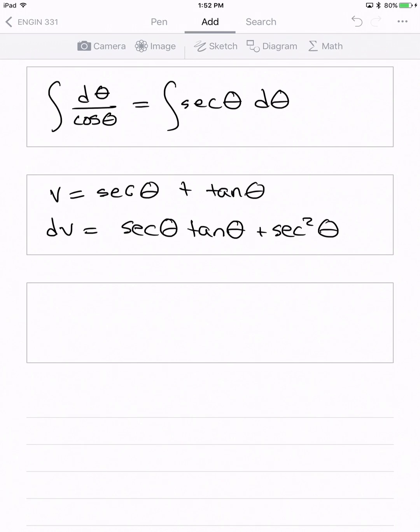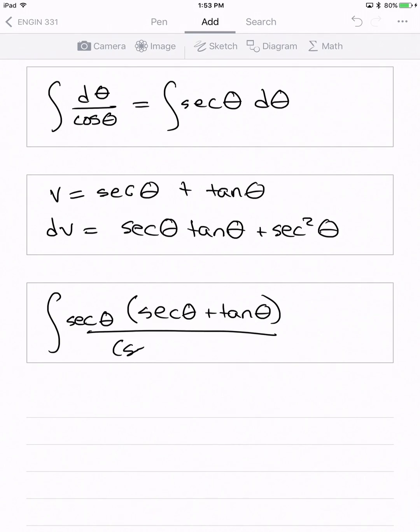All right. Now when we're evaluating this integral, we're going to first just multiply by v over v again. So we've got secant theta times secant theta plus tangent theta divided by secant theta plus tangent theta d theta.